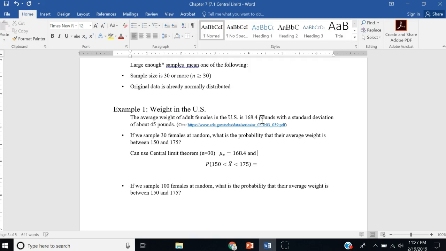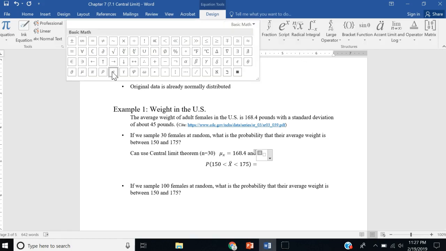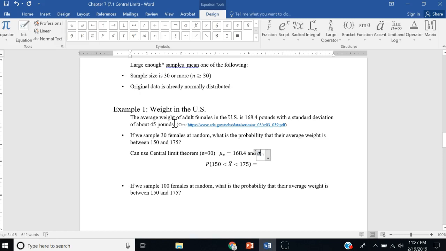And, moreover, the standard deviation on the curve of the samples is going to be 45 divided by the square root of 30. Everybody remember that?